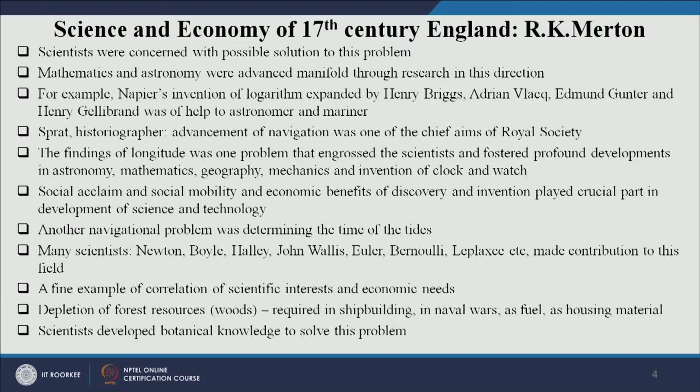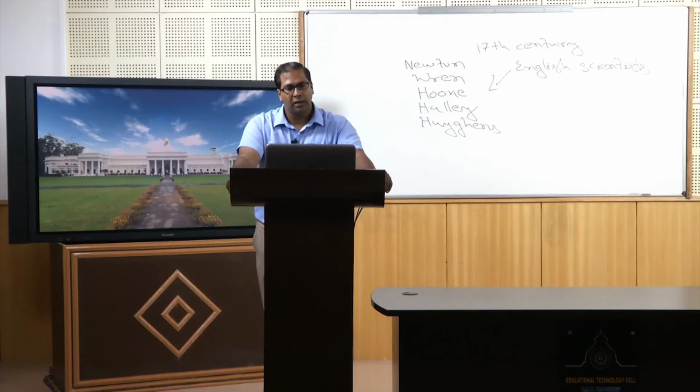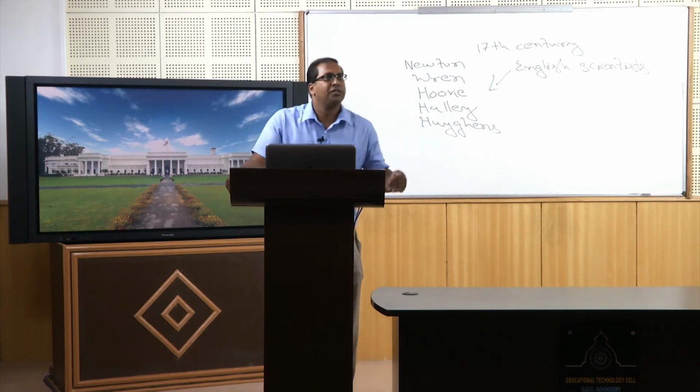Now, another fine example of correlation between scientific needs and interests and economic needs and social needs is that of the issue of depletion of forest resources or woods. Now, wood was required not only in shipbuilding, but also as a fuel, as housing material, and it was fast depleting.